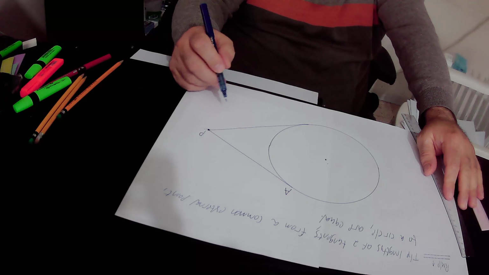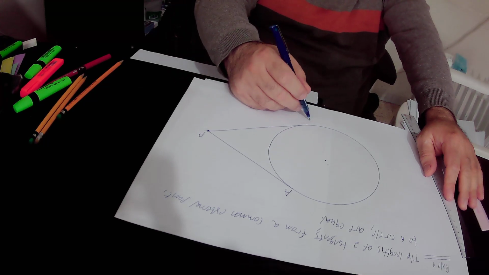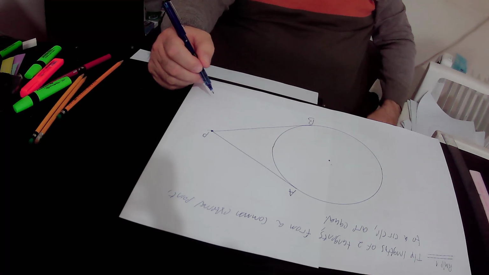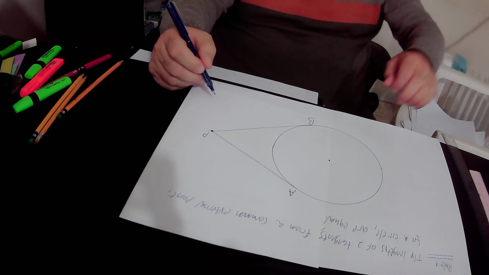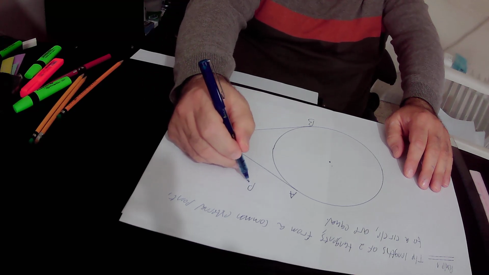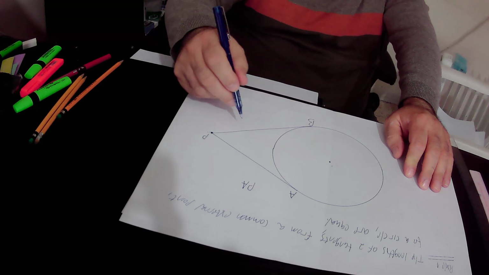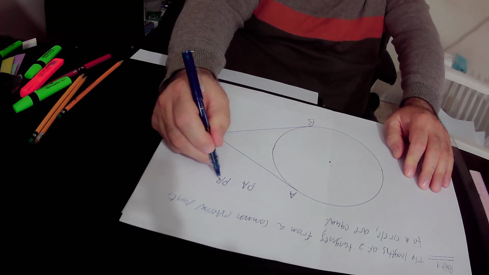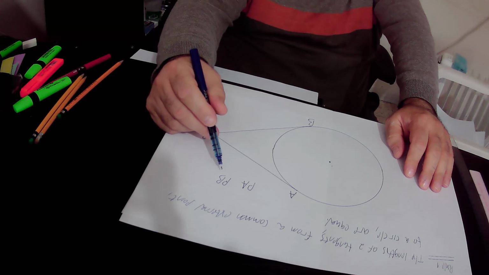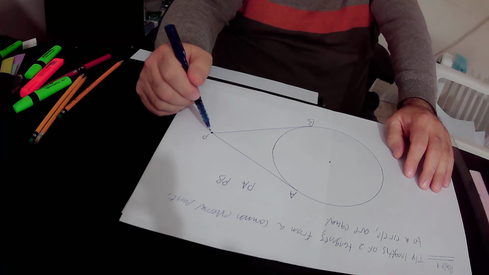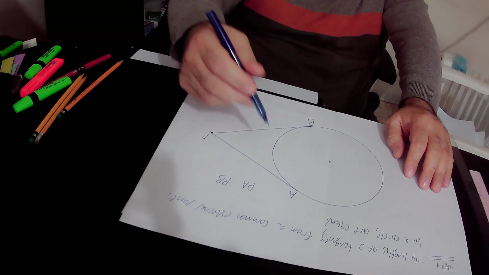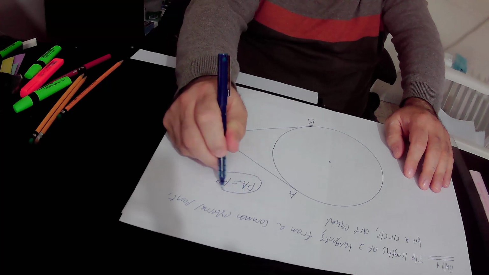And we define the point of tangency of the second tangent with this circle as point B. So according to rule number one, the length of the first tangent is PA, and the length of the second tangent is PB. The lengths of the two tangents, PA and PB, from a common external point P to a circle are equal. That is to say PA equals PB according to rule number one.